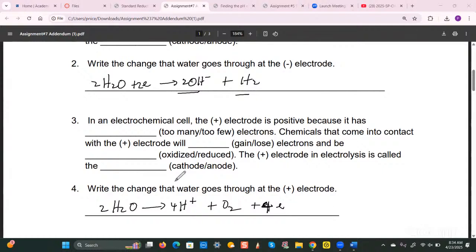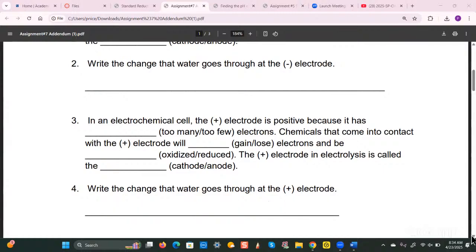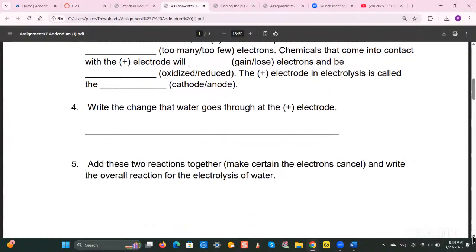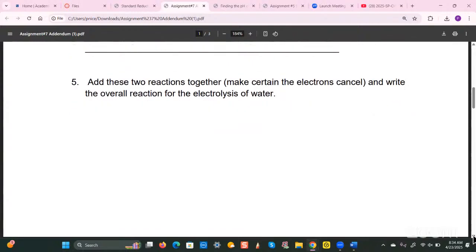Okay, so continuing, I think it's okay for me to clear this, right? All right, so let me clear this and let me scroll down. It said add these 2 equations together. Oh, make certain. Okay, so let me just rewrite the equations that I just deleted.